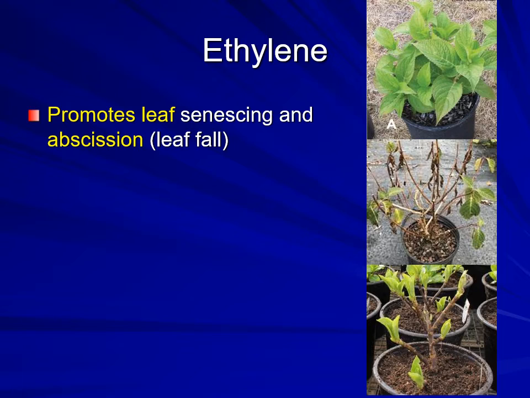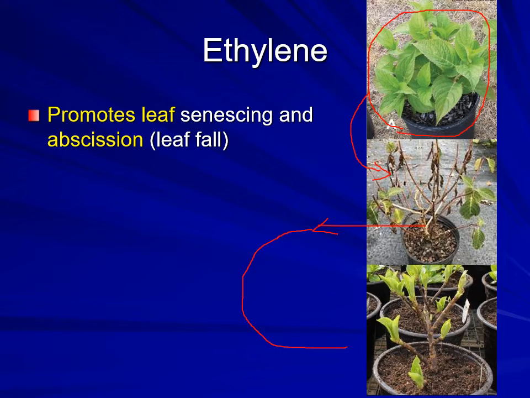So ethylene triggers leaf drop. And as far as in horticulture, the classic example is hydrangeas. We stick cuttings and then we grow hydrangeas outside in the summer till they're a nice bushy plant. And then we expose them to ethylene, which causes all the leaves to drop. And then we end up with sort of like dormant sticks in pots that we put into a cooler, and we treat them with a cold temperature for a period of time.